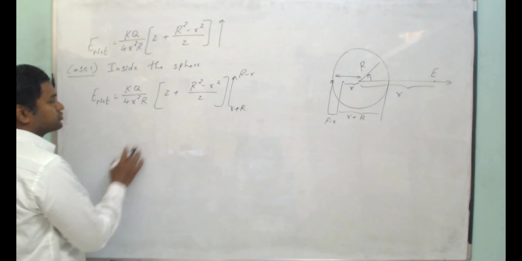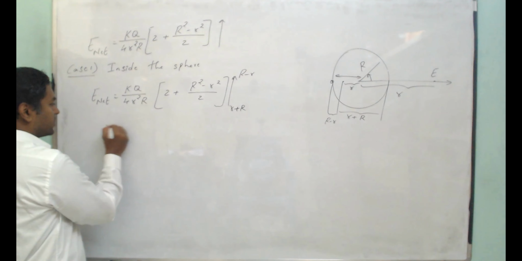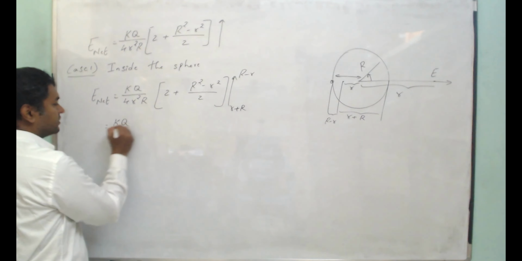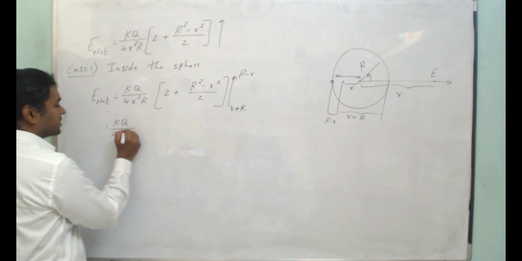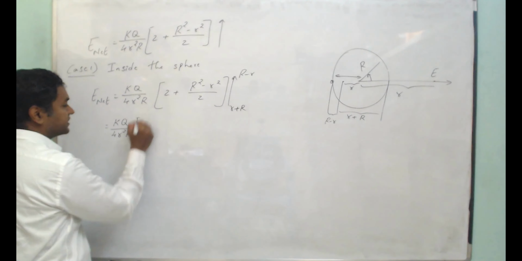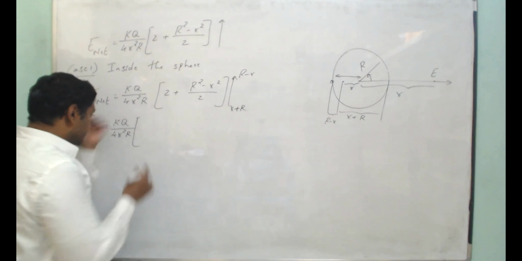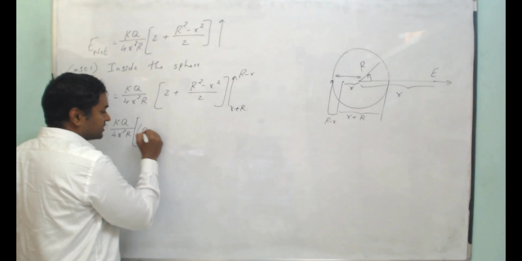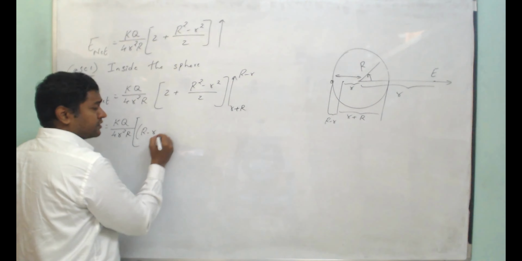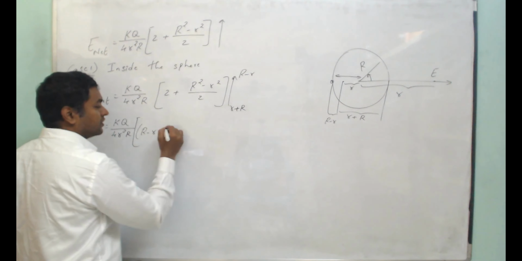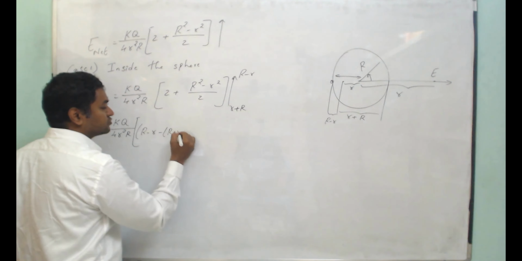Now substitution of limits. I will write KQ by 4 small r square into capital R aside, upper limit minus lower limit. So the first term is capital R minus small r minus of capital R plus small r.